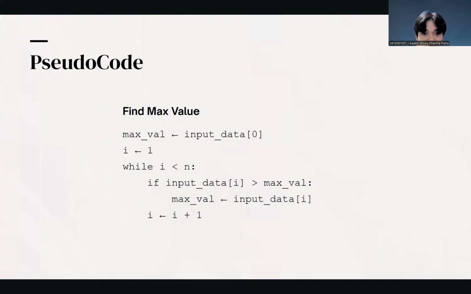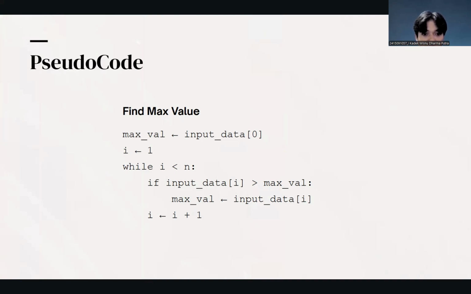The second step is to find the max value. How can we do this? We create the max variable with the value of input data at index 0. And we create a new variable e for the iteration with the value of 1.